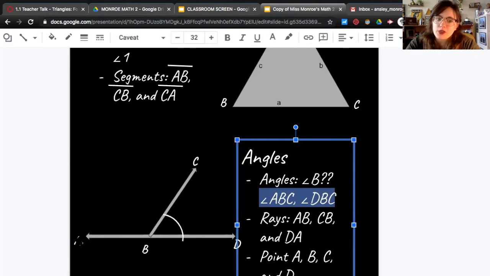So we have angles A, B, and C, as well as angles D, B, and C. That just tells us which one we are looking at: this obtuse angle, ABC, or this acute angle, DBC.